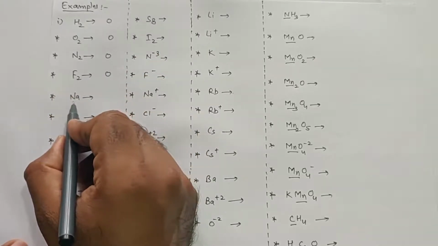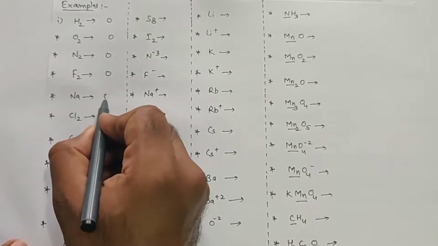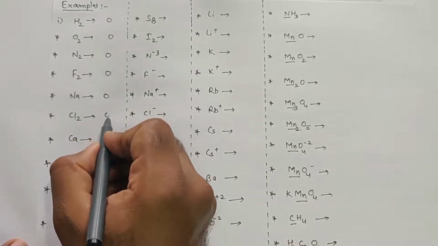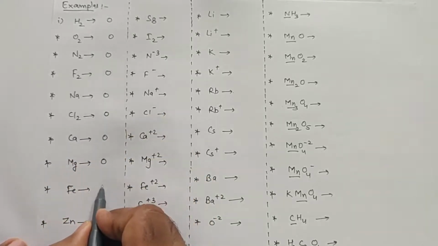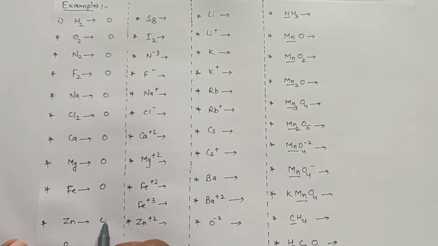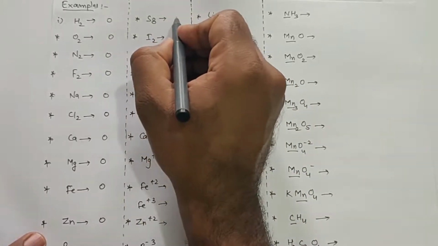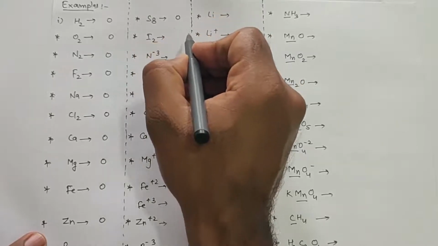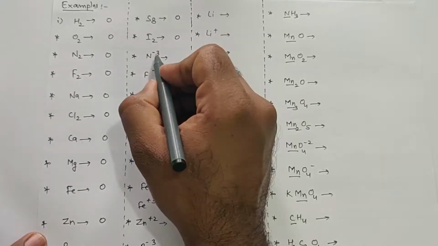Here the sodium atom is present in its free state or the native state, hence its oxidation number will be equal to 0. Same for chlorine, same for calcium, magnesium 0, iron 0, zinc 0. Sulfur present in its free state, oxidation number 0. Iodine present in free state, oxidation number 0.